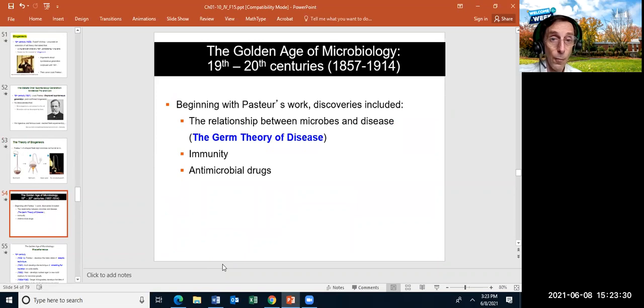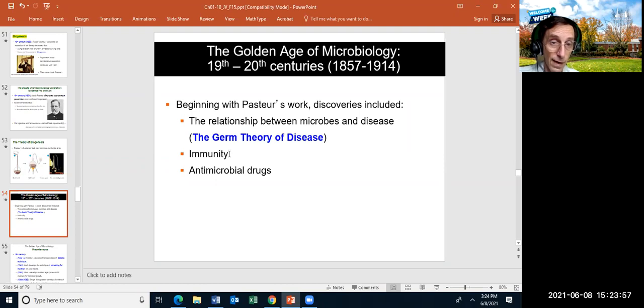All right, well, beginning with Pasteur's work, other discoveries were made, and that began the golden age of microbiology, where discoveries were made like the relationship between microbes and disease, and that gave rise to the germ theory of disease, and this is that germs cause disease.